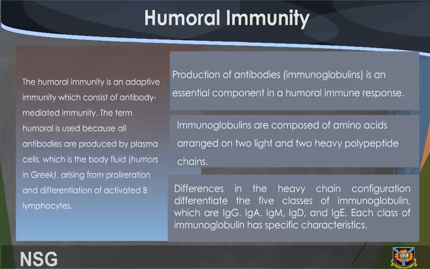Immunoglobulins are composed of amino acids arranged on 2 light and 2 heavy polypeptide chains. Differences in the heavy chain configuration differentiate the 5 classes of immunoglobulin, which are IgG, IgA, IgM, IgD, and IgE. Each class of immunoglobulin has specific characteristics.